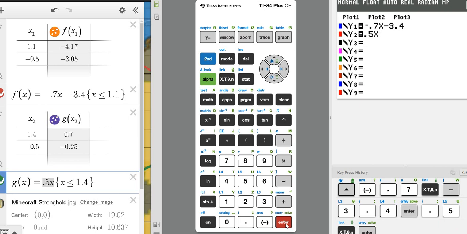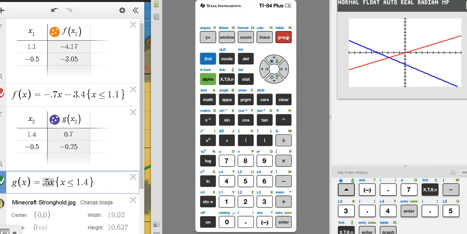Do I have a good enough viewing window? I don't know. We'll take a look. I'll give you a second to get those equations in there. We're just going to use the viewing window we had before. If we need to make adjustments, we will. I think we should be able to see where it intersects. Hit the graph key, and yeah, we've got a point of intersection there.